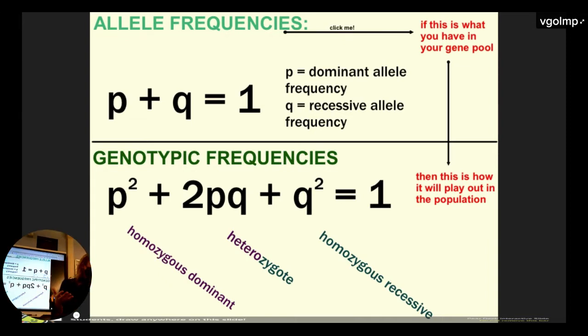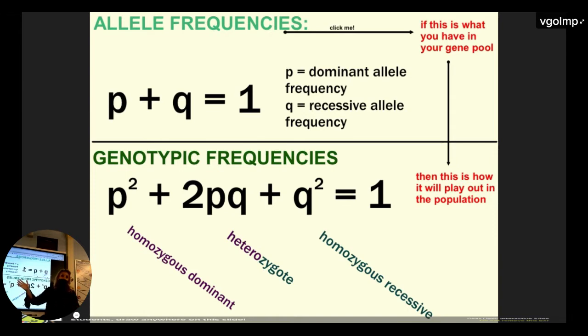Does that make sense? But if they give you a number, you have to take how many in that population over the total population, right? So if they say, hey, 25% show the recessive trait, then you can go, oh, 25%? Q squared equals 0.25? Okay, then Q equals what?